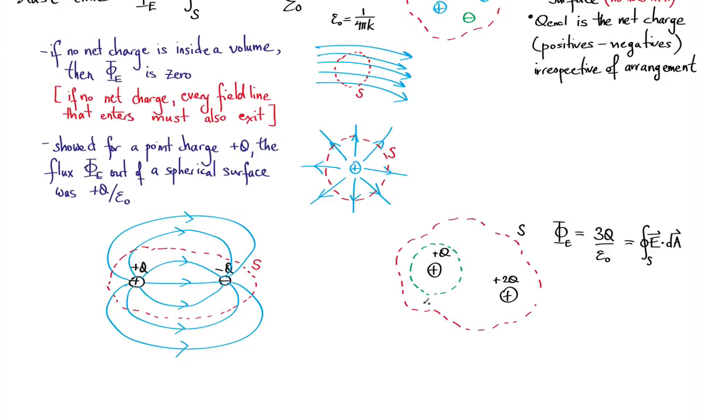So the contribution to the flux for this surface, we'll call it surface A, phi sub A, should just be what we learned for the point charge, which is plus Q over epsilon naught. We could have another spherical surface centered at the plus 2Q, call that B, and phi sub B would be plus 2Q over epsilon naught. And then we have this surface that is everything else, right?